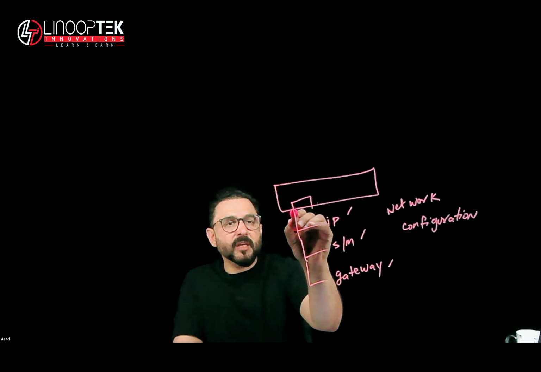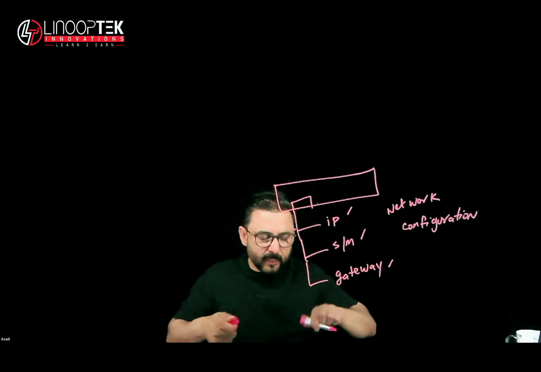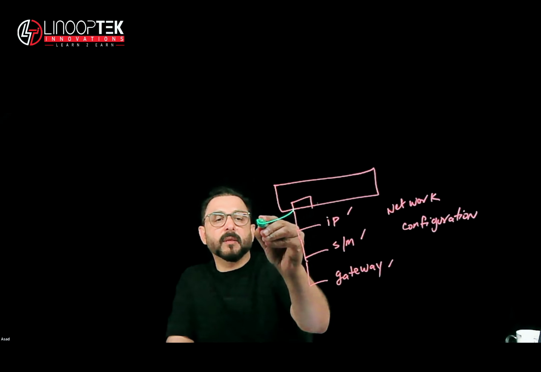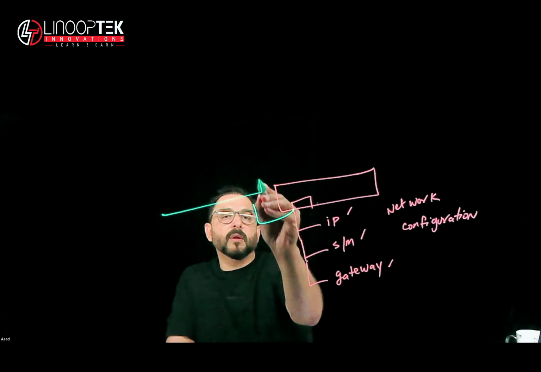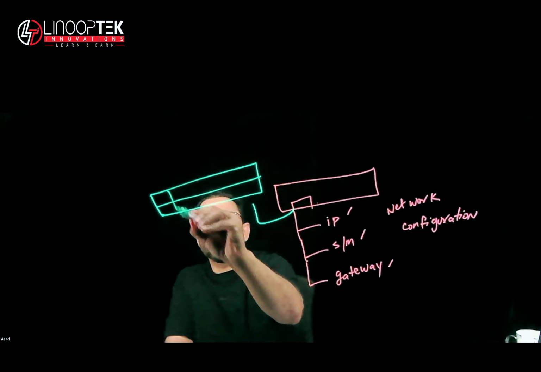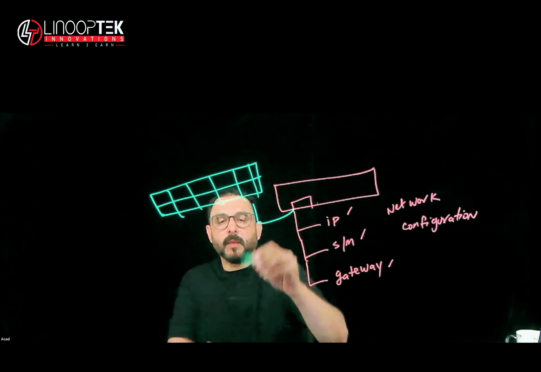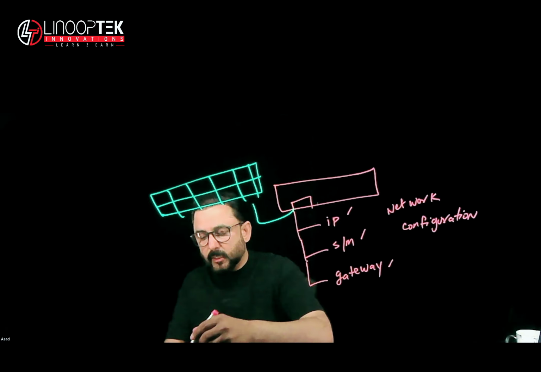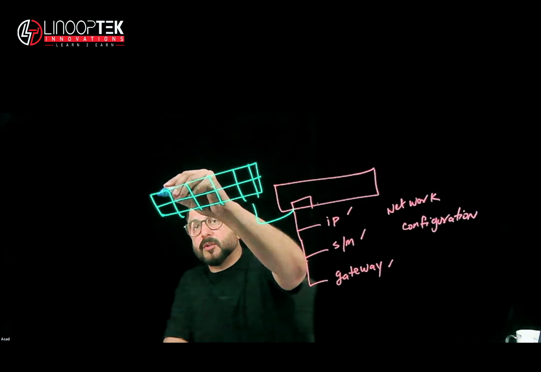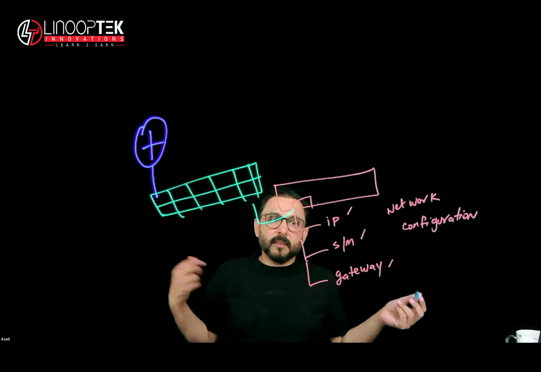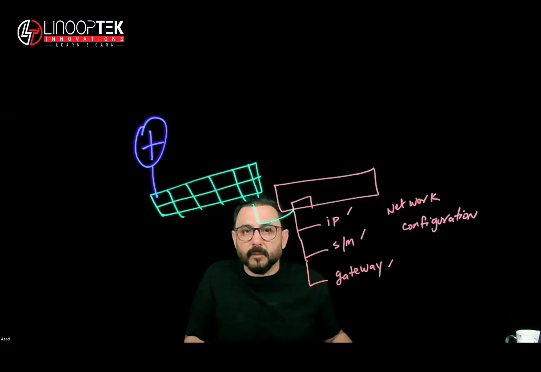then your machine, using the cable, can connect to a switch, and then this switch gets connected to a router, and this is how the communication takes place.